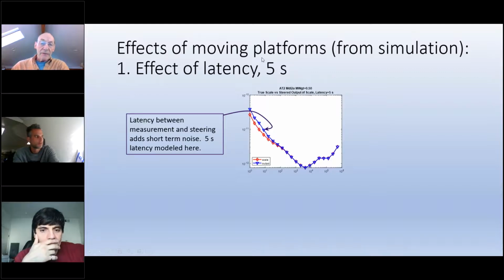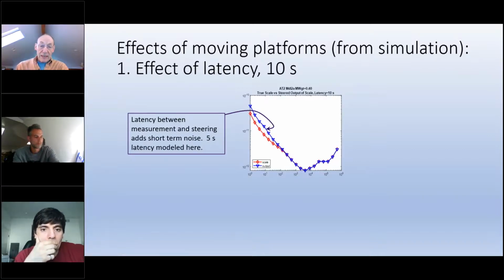To have a latency of 5 seconds, you're going to have a lot going on between the measurements and the steering, but the point here is the scale without latency. Again, this is all simulation because we know what the answers are. So the output scale in the short term is worsened by the latency. That's with 5 seconds. With 10 seconds, it gets a little worse.